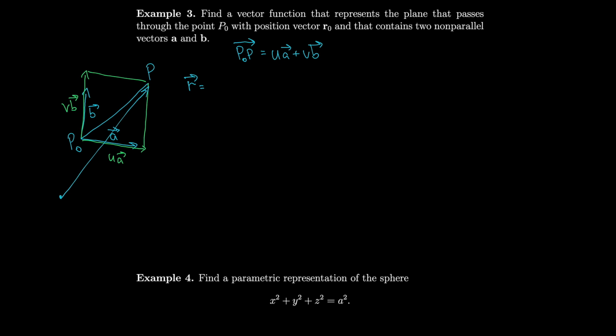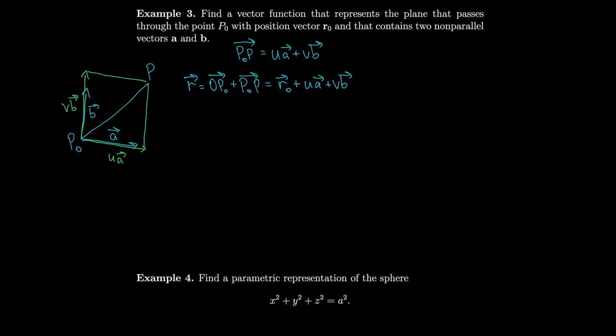The way that we can build r is by first pointing at P0, and then going from P0 to P. Those two vectors added together, tip to tail, would equal r. So r is equal to the vector from the origin to P0, added to the vector from P0 to P. The vector from the origin to P0 is just the position vector of P0, which is r0. And we said that P0 to P was ua plus vb.